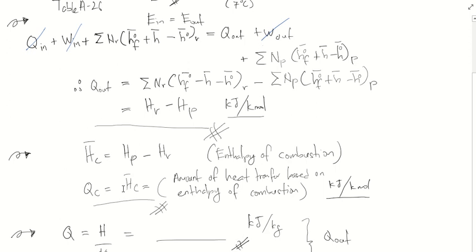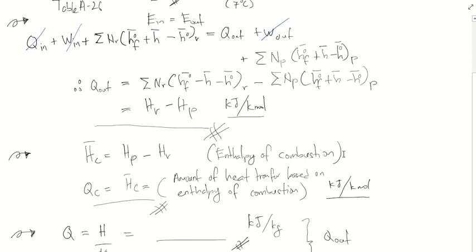QC is actually HC, the amount of heat transfer based on the enthalpy of combustion. The unit is also kilojoule per kilomole. If you notice, both are similar but opposite, so you're going to get a similar value but opposite.